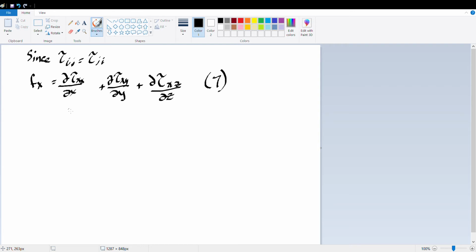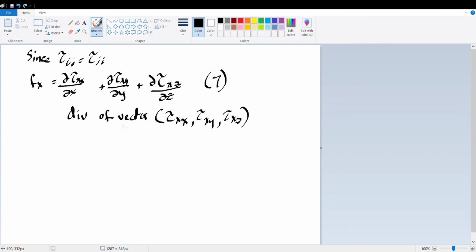And what does this mean? This is the divergence, right? So this is equivalent to taking the divergence of the vector tau xx, tau xy, tau xz.